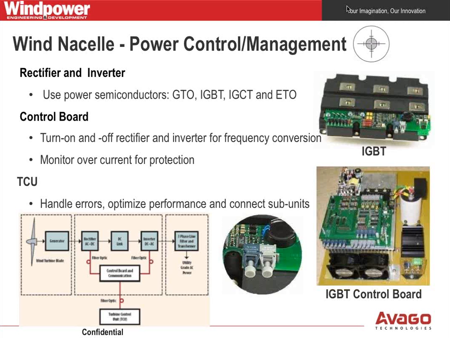What we find is in many cases people run plastic optical fiber from the low power control and monitoring circuitry up to the IGBT and power circuitry, whether that's in the inverter block or in the rectifier block. And again, that provides you that isolation from your low power circuitry up to your high power circuitry.